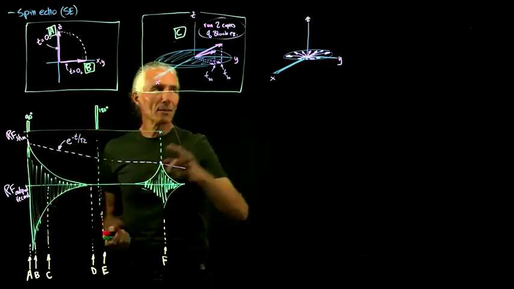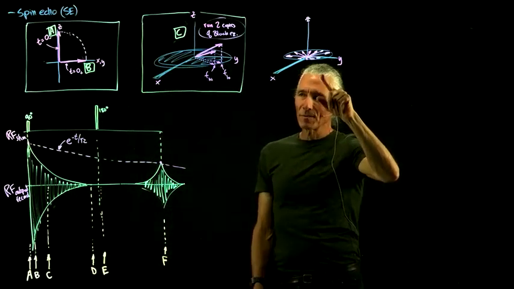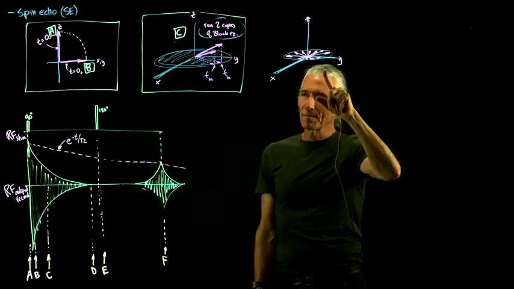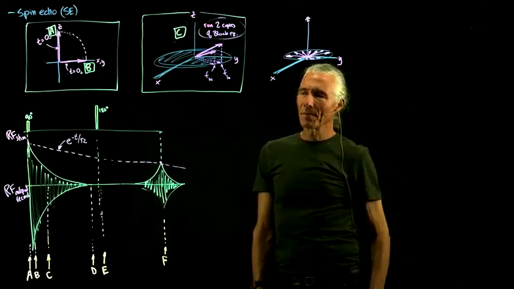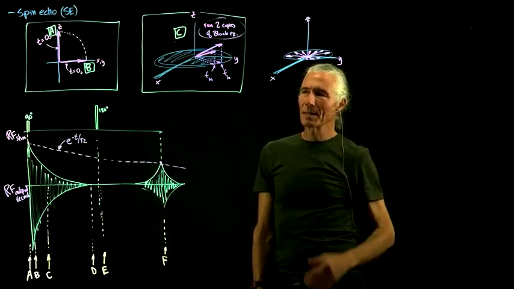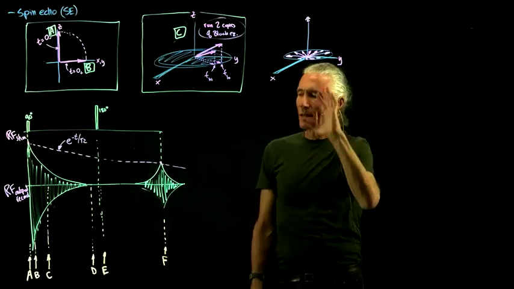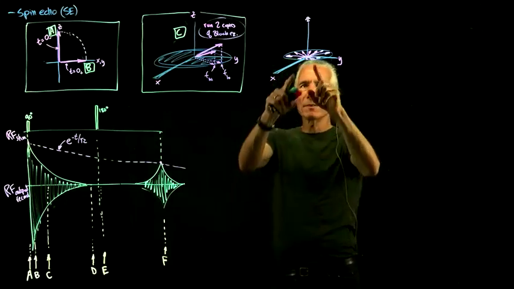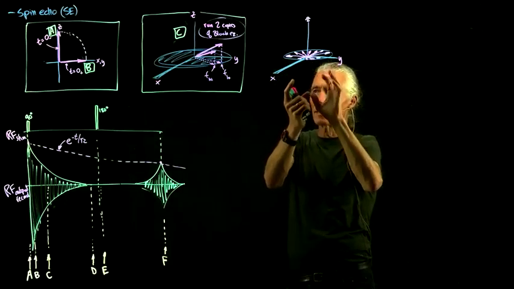So at point D, there's still a ton of local transverse magnetization left, but you can't see it because it's all completely dephased. They're pointing in different directions. Now, there's 2 situations you could have. You could have a situation like this where there's a lot of transverse magnetization, they're all pointing in different directions, then they cancel each other out.